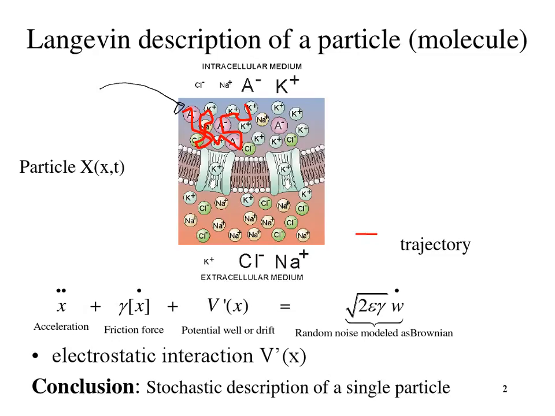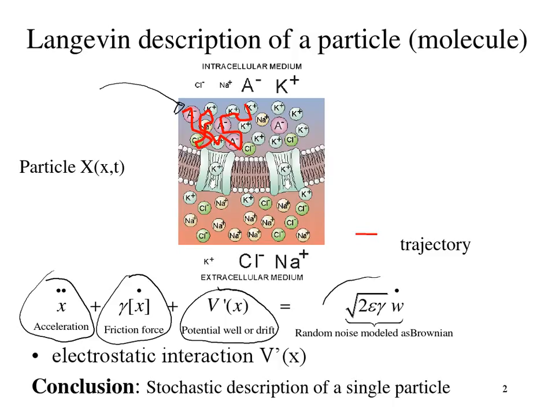For this, the classical Langevin equation, and I will come back to this, is an equation that connects the acceleration and the friction force to a possible interaction force and to some random noise forces modeled as Brownian.